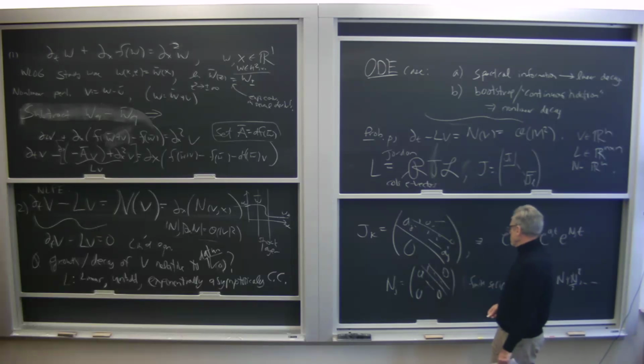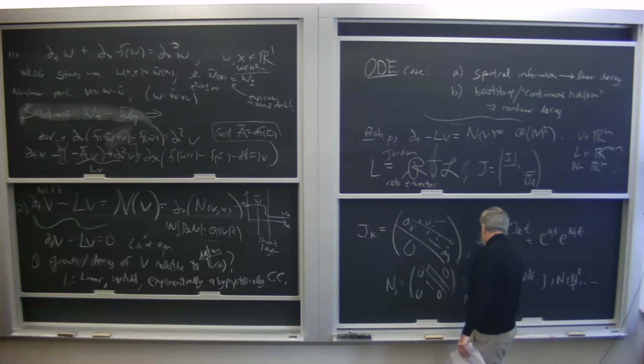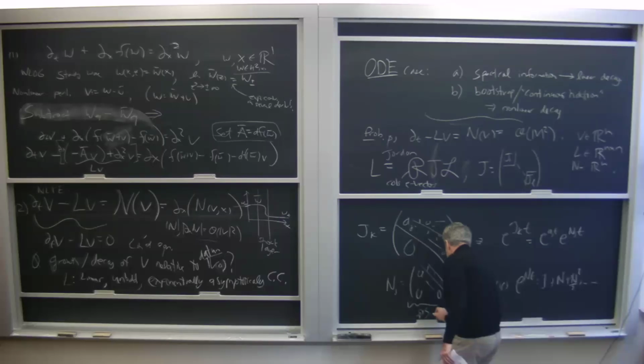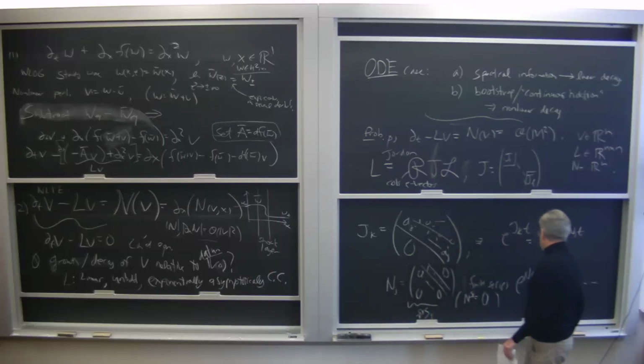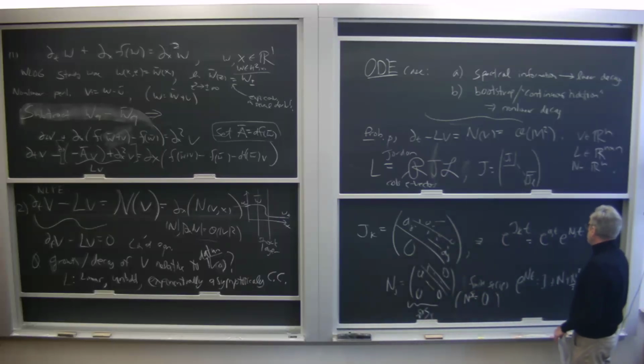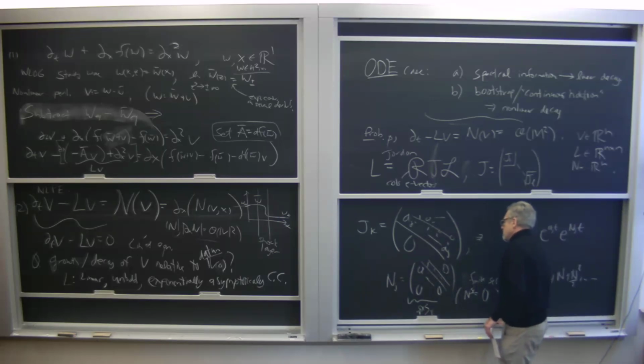So N to the s equals 0, where this is s by s. Okay, so that's how you can compute this.